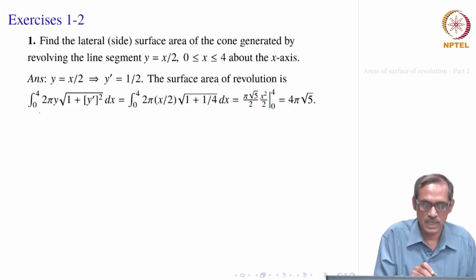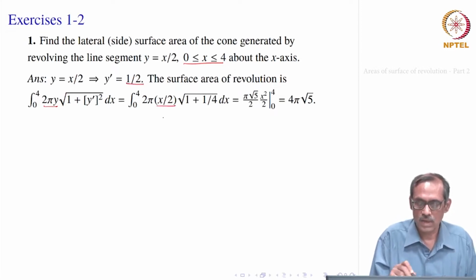So the surface area will be the integral from 0 to 4 of 2 pi y times the square root of 1 plus y prime squared. So 2 pi y is 2 pi times x by 2, and it is the square root of 1 plus 1 by 4. So the 2 gets cancelled, we have pi, and this is a number which is root 5 by 2.